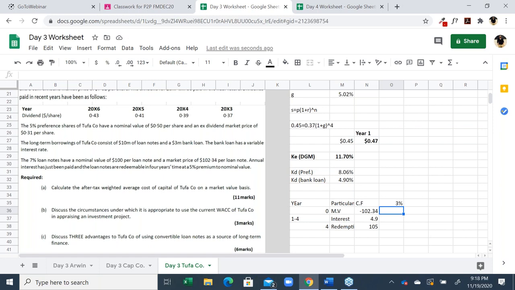The discount factor for zero cash flow will always be equal to 1. Here we have to use the annuity factor for 4 years. The formula for annuity factor is 1 minus (1 plus R) raised to the power minus 4, where R is 3%, which I have assumed from my own side, and the whole divided by 3%.